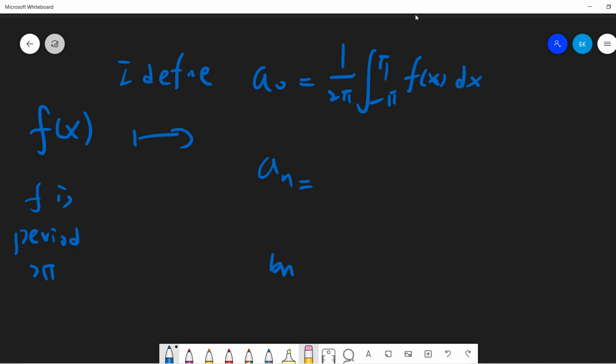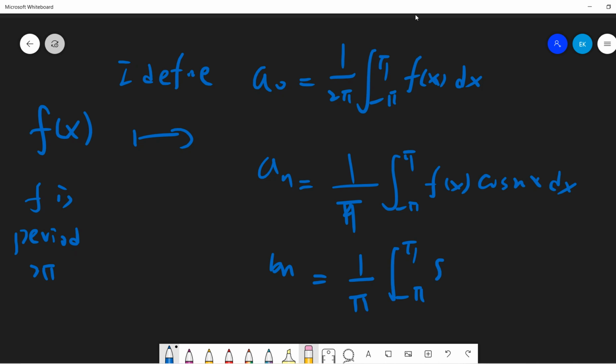And a n is 1 over pi times the integral from minus pi to pi of f of x cosine nx dx, and b n is 1 over pi times the integral from minus pi to pi of f of x sine nx dx. Okay, so this is the definition, and basically that's it.